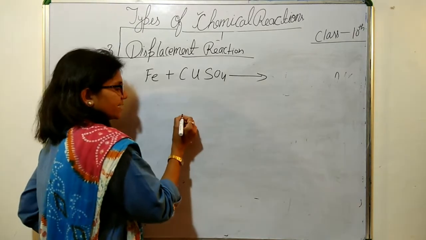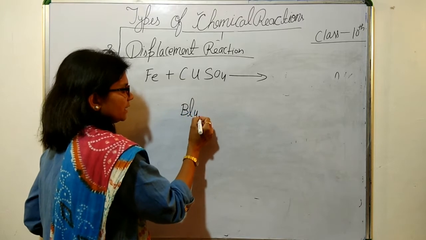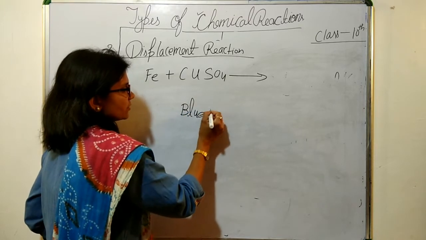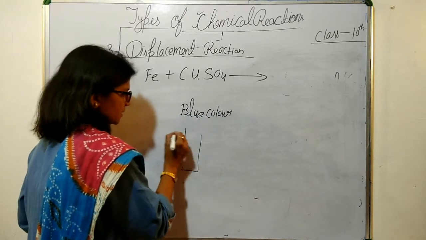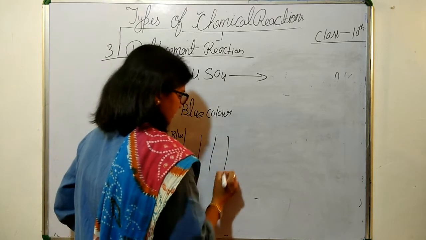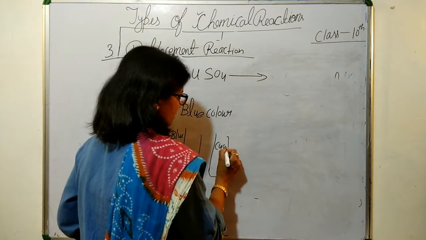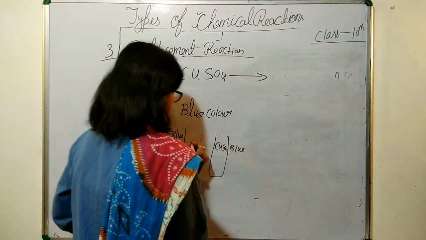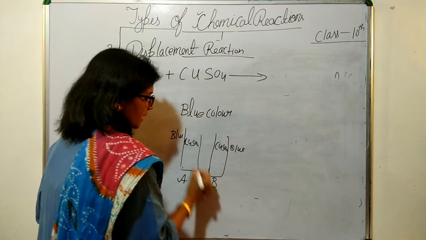There is a solution of CuSO4 which is blue in color. We take it in test tube A, then test tube B, the same amount of CuSO4, also blue.